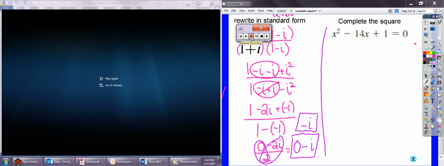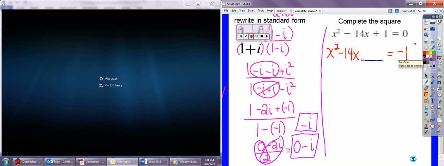So remember, we have to first move this number over to the other side. You remember that? Yeah? So I'm going to bring down this. x squared minus 14x, and what am I supposed to put there? Blank equals negative 1. Now, do you remember how to get this number that goes in the blank? Divide what by 2?